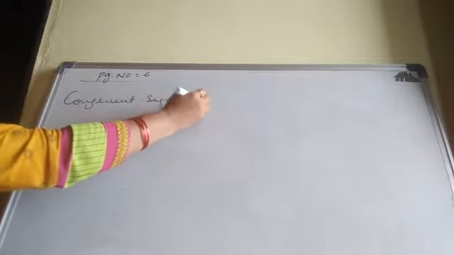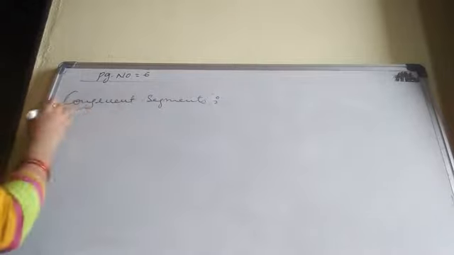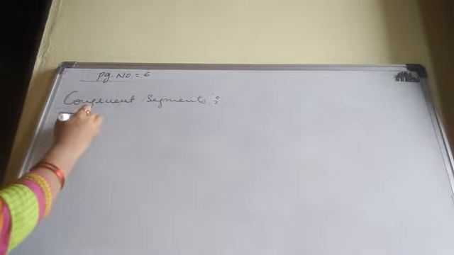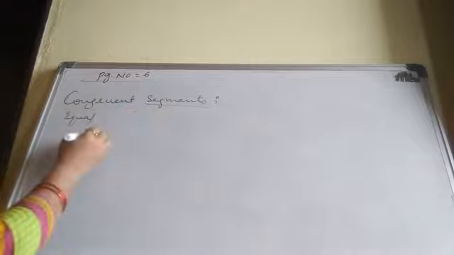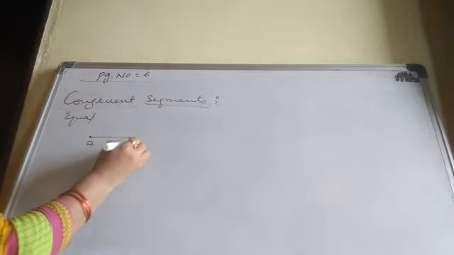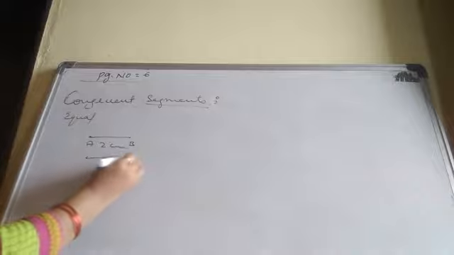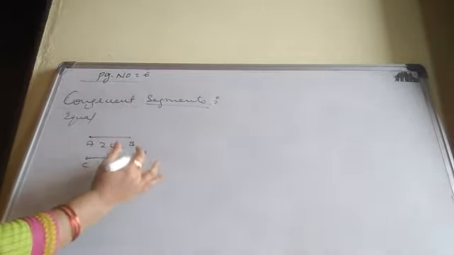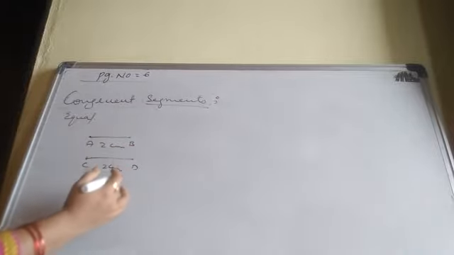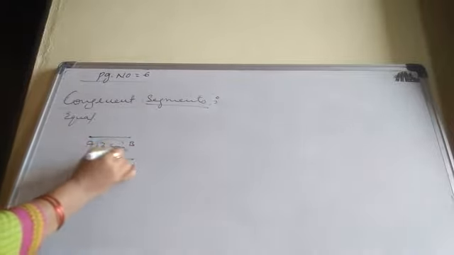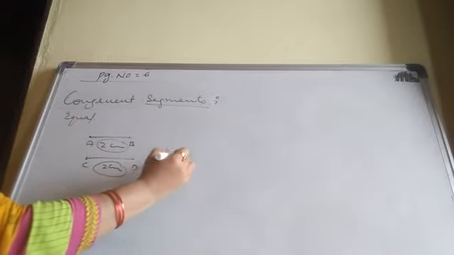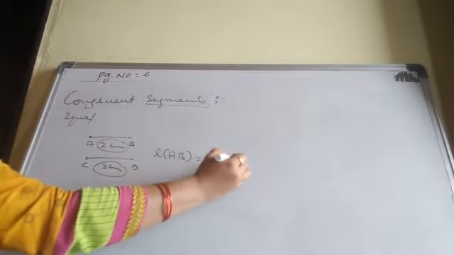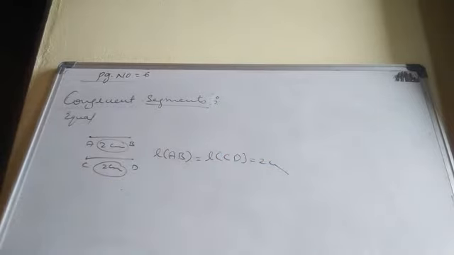Next definition is congruent segments. In 8th class, we learned congruent. The word congruent means what? Equal. Which should be equal segments. So here I am drawing a segment AB of 2 centimeter and segment CD of 2 centimeter. If two segments have the same length, length of AB is equal to length of CD equal to 2 centimeter.